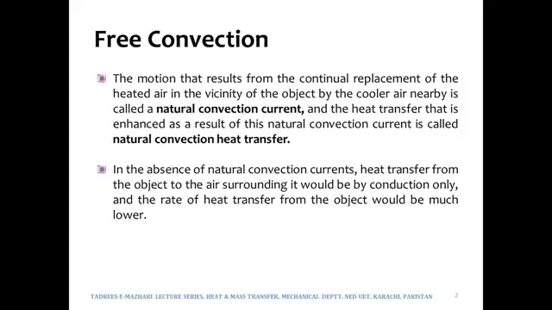The velocities of the fluid in free convection would be less than the velocities of the fluid in forced convection, and for the very same reason the heat transfer will be less in free convection as compared to the heat transfer in forced convection, keeping all the other parameters the same. So as you can see over here, in free convection there would be natural convection currents, right? In the absence of natural convection currents, the heat transfer from the object to the air surrounding that particular object would be via conduction only, and the rate of heat transfer from the object would be much lower.